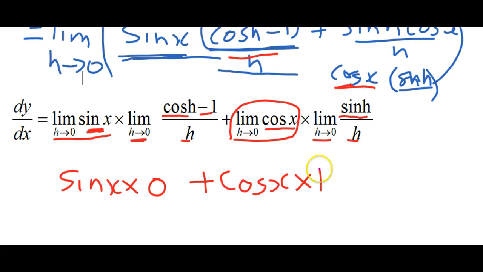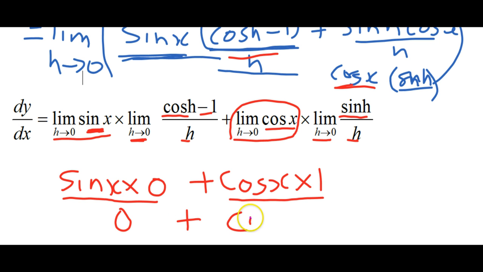Guess? 1. Good. So if that is the case, then sine x times 0 is 0, plus cos x times 1 is the same as cos x. And so 0 plus cos x will give us cos x.